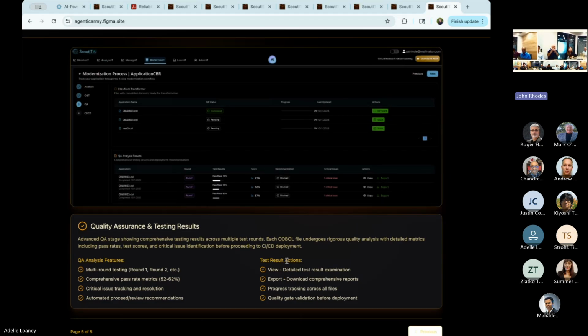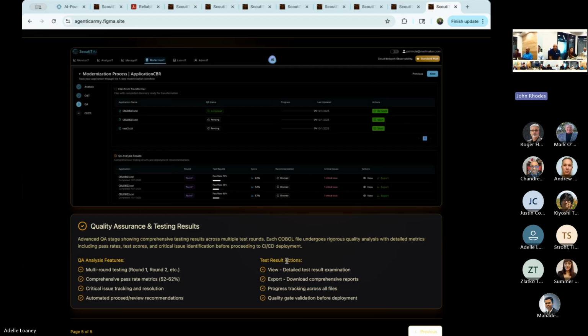That's QA. Quality assurance and testing results. I think that's going into what you guys were just discussing, of how do we ensure that this is going under rigorous analysis and quality assurance, with detailed metrics, including pass rates, test scores, and critical issues. And I think that's where the critic comes into this process, making sure that we're hitting all of those marks to make everything accurate and process smoothly, catching the mistakes before they become a way bigger problem at the end.